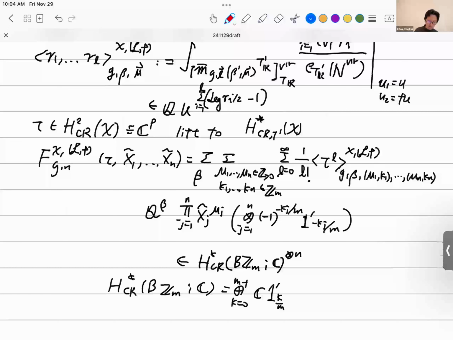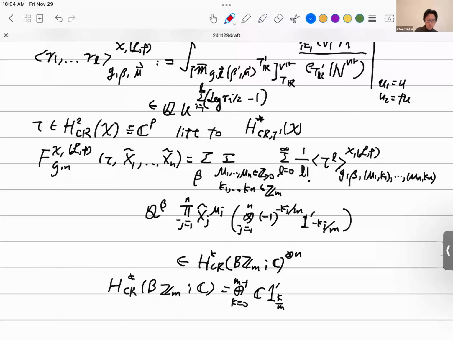So this generating function is actually a vector valued function. It takes values in the nth tensor product of the Chen-Ruan cohomology of BZM. The inertia stack of BZM consists of M connected components, all isomorphic to BZM.